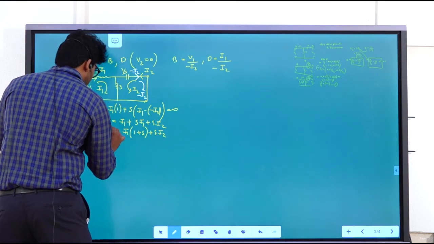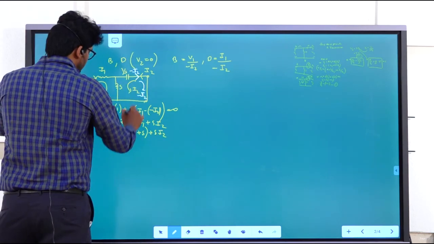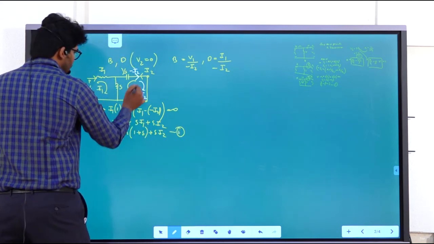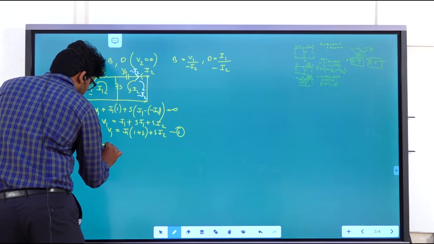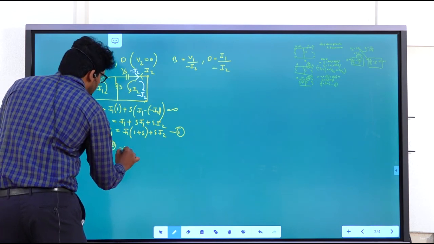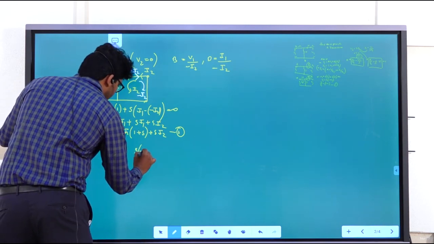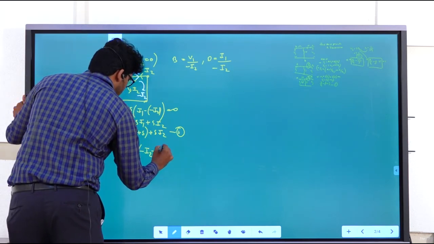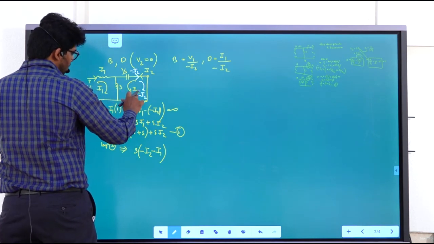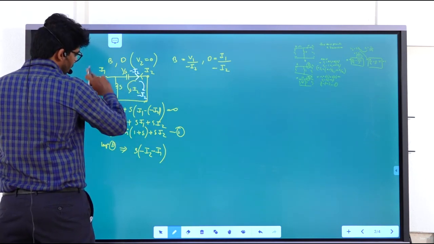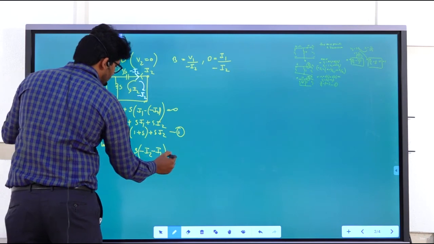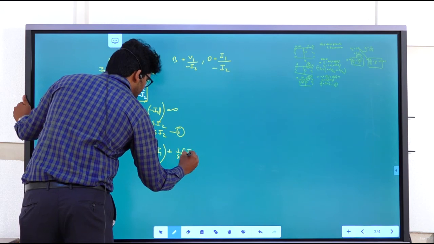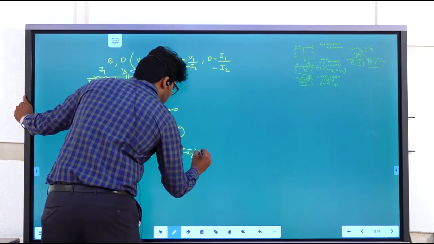So leave this equation aside. Now from loop 2, this is equation 1, and this is loop 2. From loop 2 we have S into minus I2 minus I1. Since the current in this loop, minus I2, is in this direction and I1 is in the opposite direction, we take minus S I1 and plus 1 by S into minus I2 equal to 0.